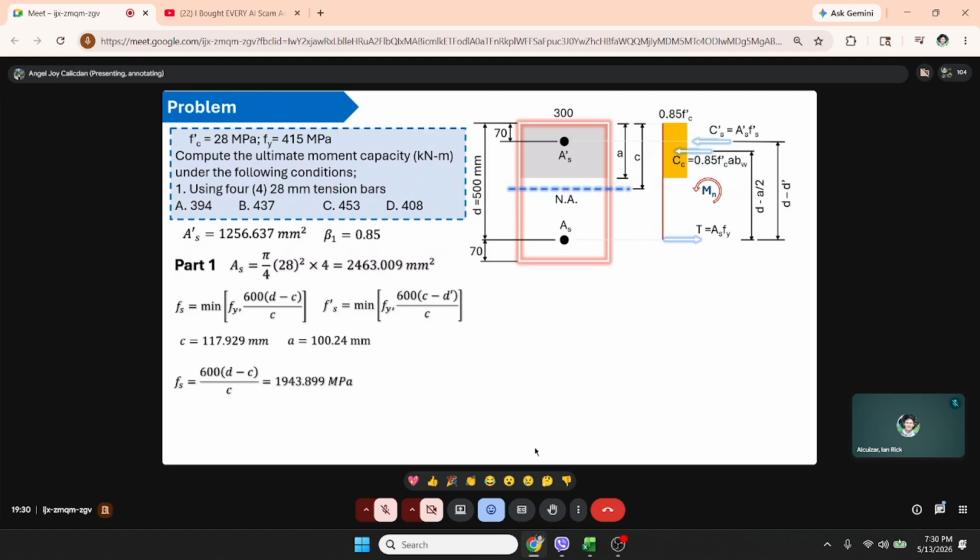And solving for Fs, i-substitute lang ang nakuha na c o ang effective depth na 500. We have 1,943 and greater siya sa 1,000 MPa. Therefore, na siya sa tension controlled o ni-yield ang steel since greater siya sa Fy na 415.